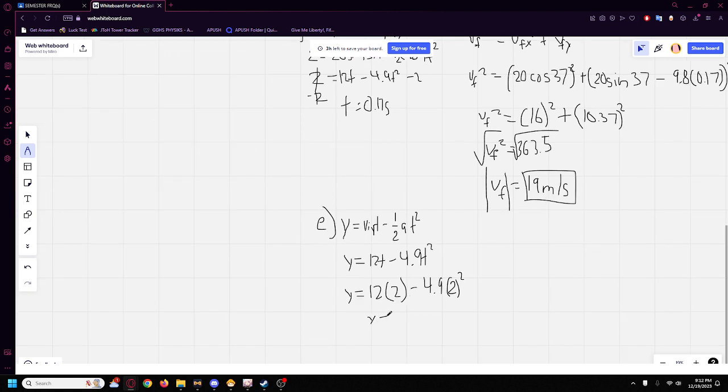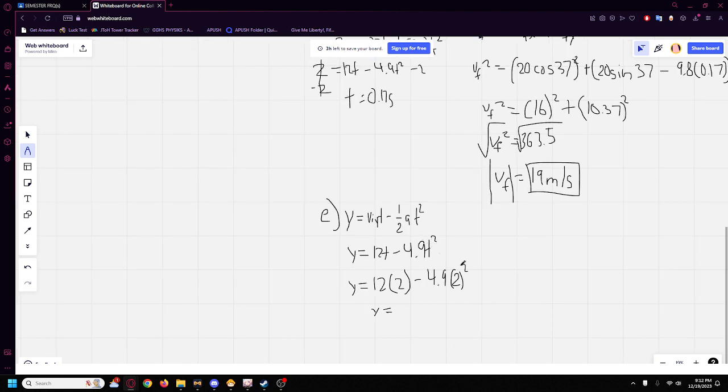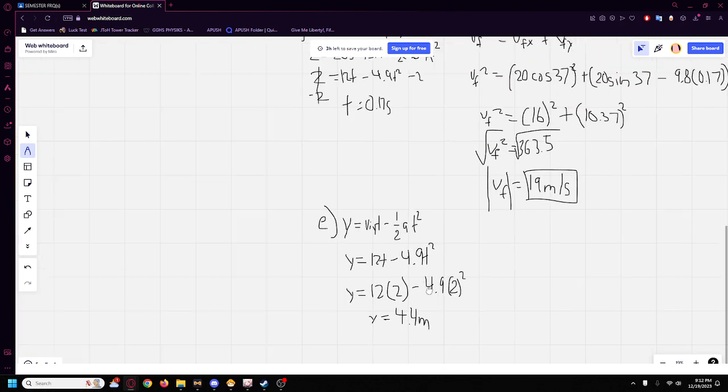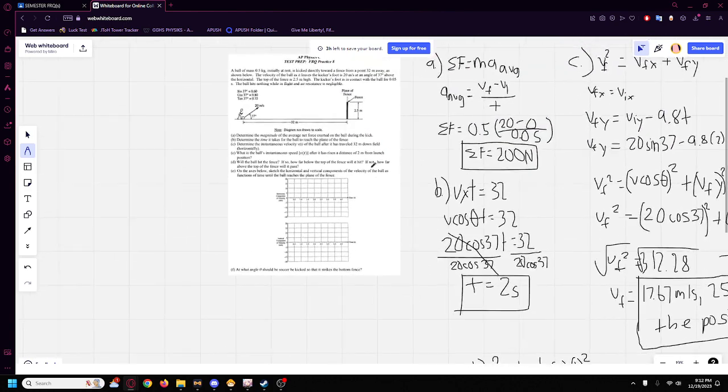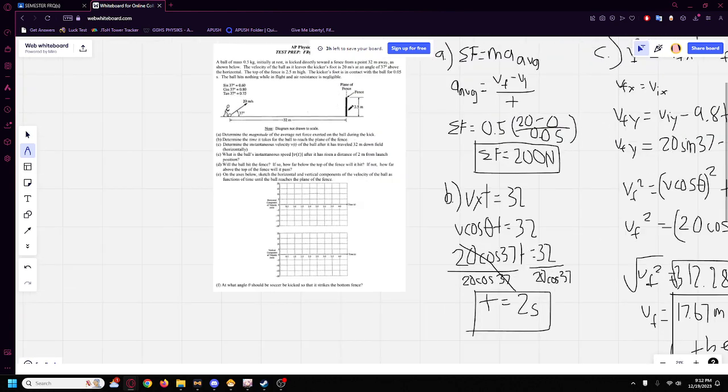And y is equal to 4.4 meters, and that means that the ball will go past the fence or over the fence because it's higher than the fence.